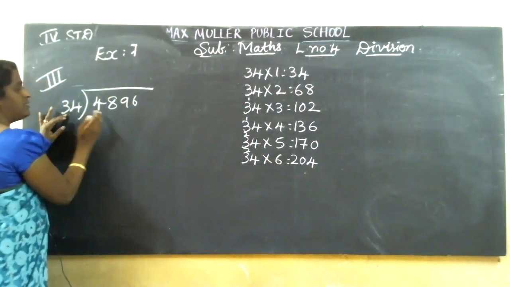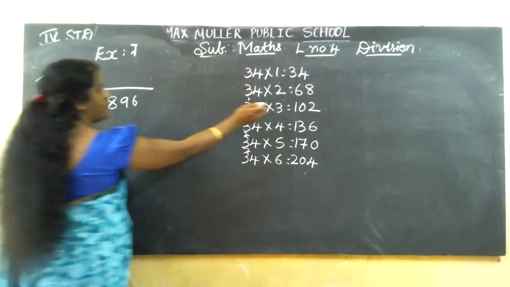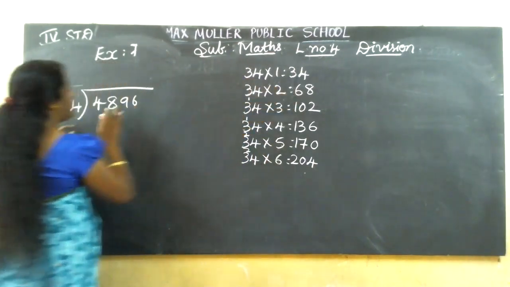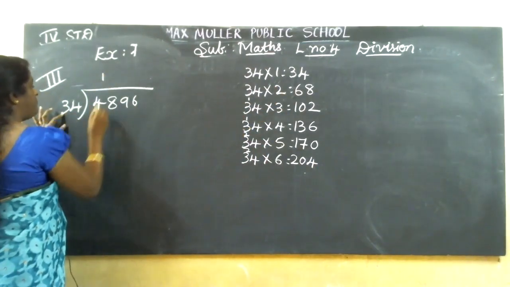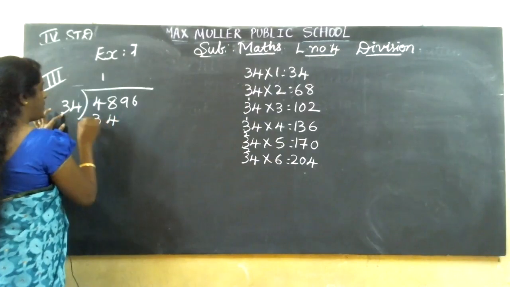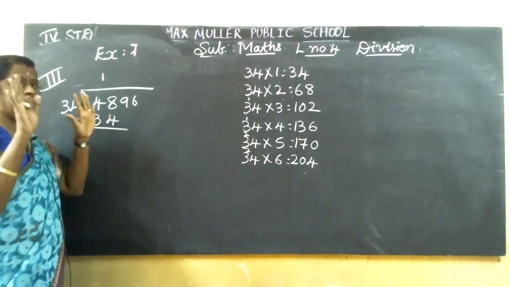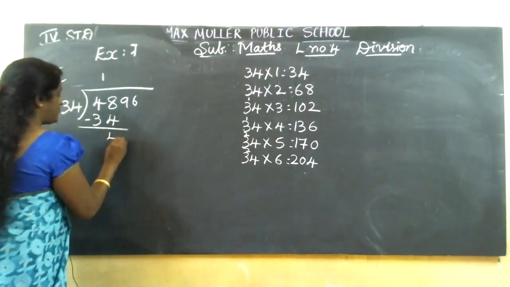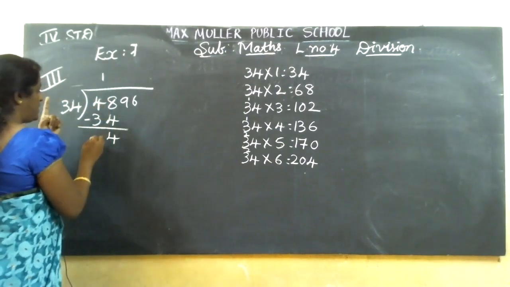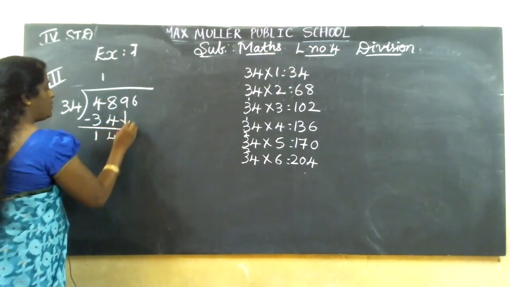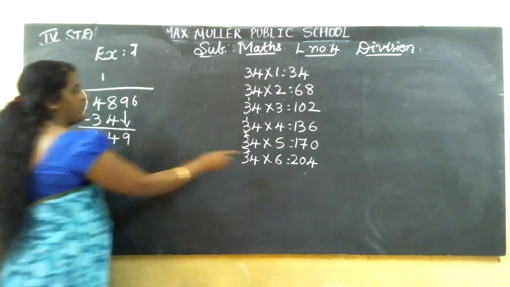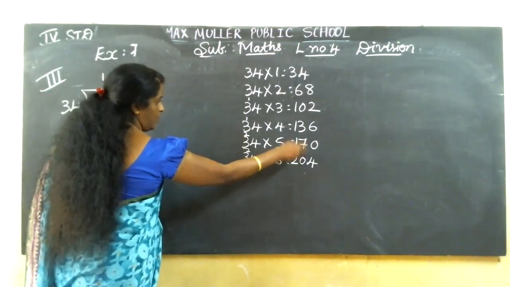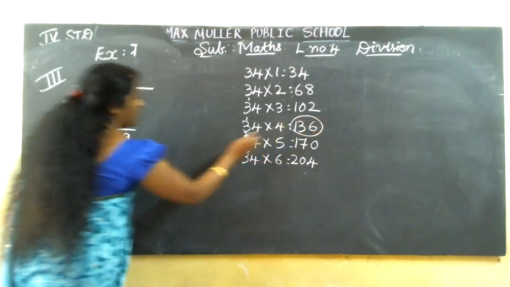So this is lesser, this is greater. So I can't write 34 twos are 68 here, 48 is there. So 34 ones are 34 minus 48, cut 4 fingers, remaining is 4. 4 minus 3, 1. Bring down 9. Here 149. Here 170. No, we'll go for this.